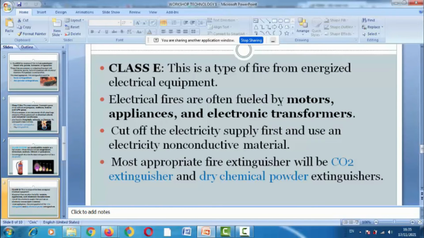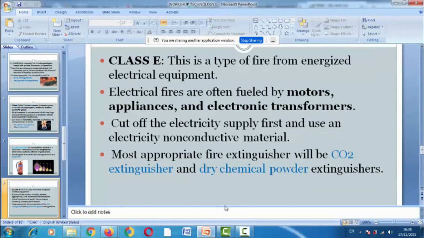This comes from electricity and motor appliances. So that you don't forget E: electricity and motor appliances. You can use dry powder or carbon dioxide.